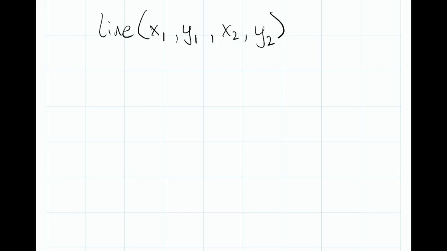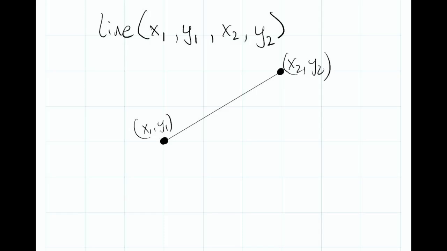I'm just going to assume that this is all on a canvas. So that would be a point here, and maybe a point here, and then it would draw a line between the two. So here this would be x1, y1, and x2, y2.